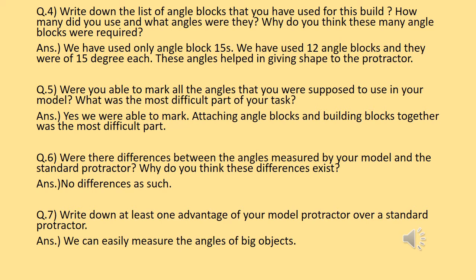Question 5. Were you able to mark all the angles that you were supposed to use in your model? What was the most difficult part of your task? Yes, we were able to mark all the angles. Attaching angle blocks and building blocks together was the most difficult part.